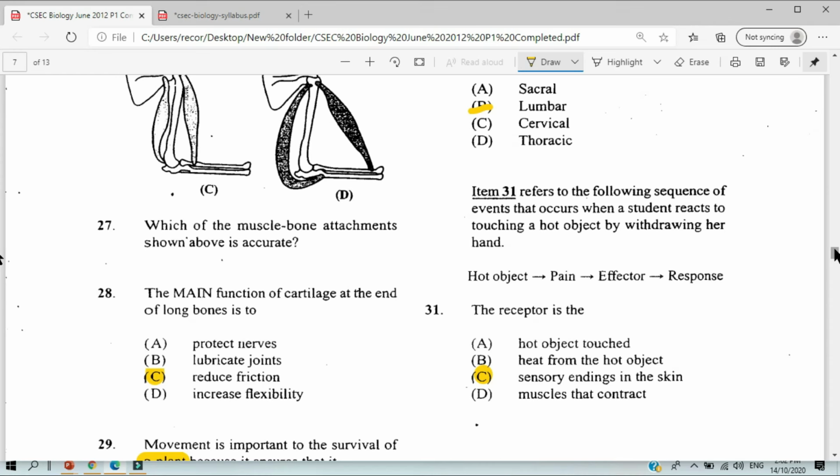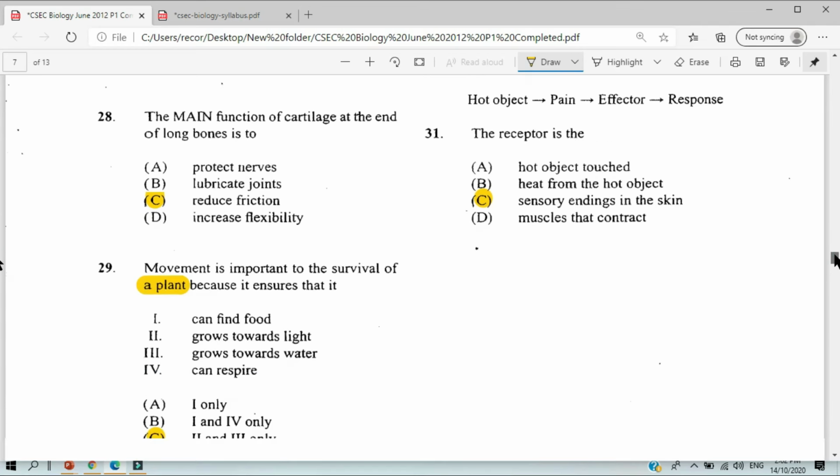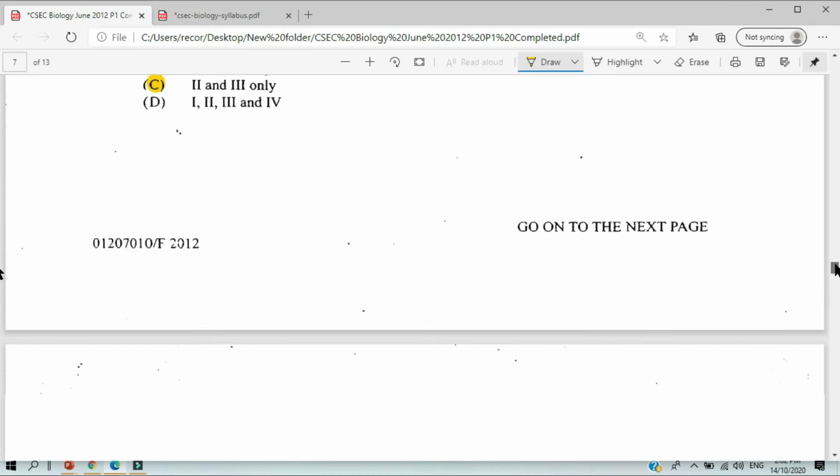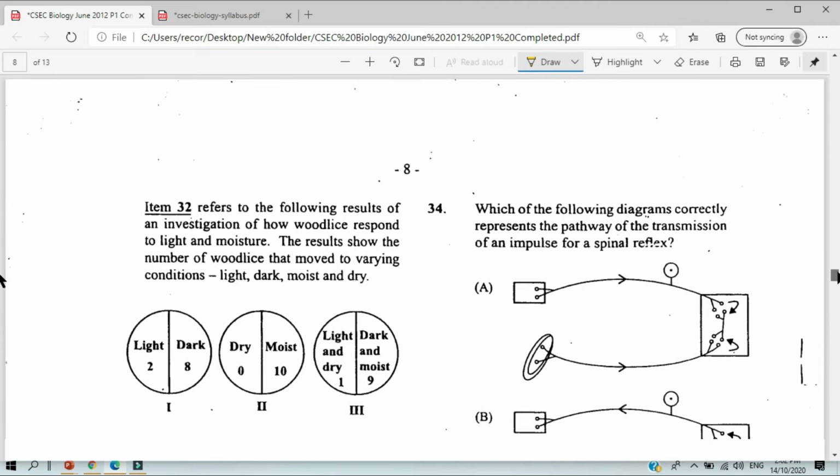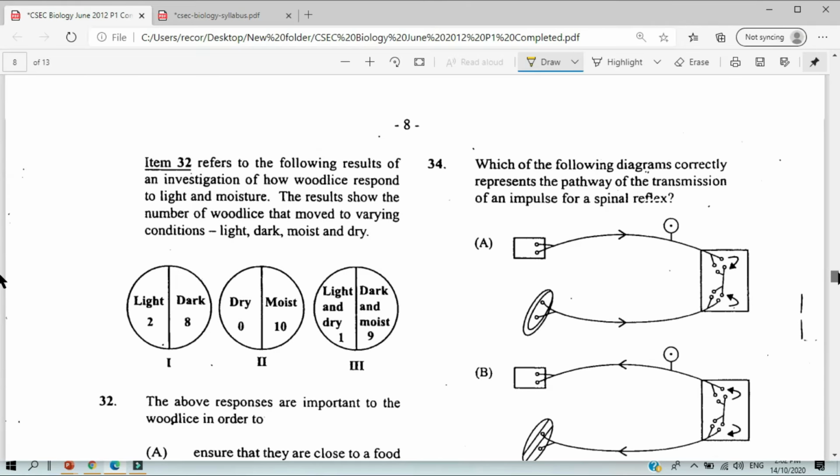Now, the receptor is the sensory ending in the skin. Alright, so the receptor is the sensory ending in the skin that is going to be picking up that information and transporting it to the CNS, central nervous system.